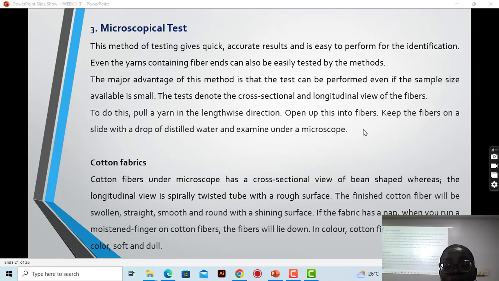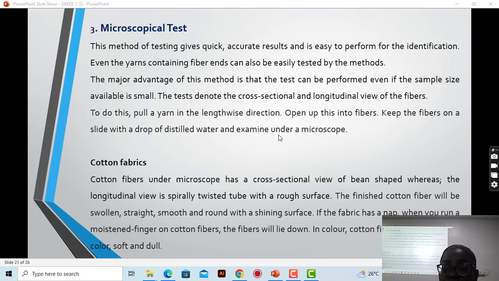But one thing you have to do to soften the fiber and make it easy for you to see the structure, after opening up the fibers, is to drop distilled water on the fiber before you examine it under the microscope.